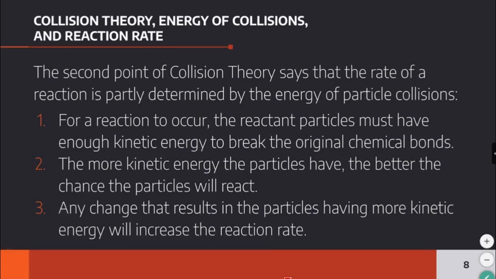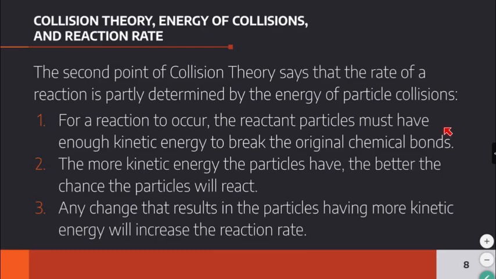The second point of collision theory says that the rate of a reaction is partly determined by the energy of the particle collisions. So, number one, for a reaction to occur, the reactant particles have to have enough kinetic energy to break the original chemical bonds. Remember that to start a reaction, we have to break old bonds. And if the particles hit so slowly that they don't have enough energy to break those bonds, no reaction happens.